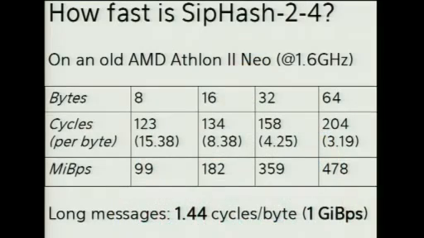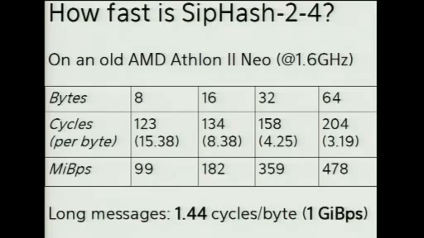On this laptop, it's a quite old AMD Athlon 2 Neo CPU, clocked at 1.6 GHz. If you only hash 8-byte values, but many of them, this will take on average 123 cycles per 8-byte message, which means approximately 15 cycles per byte.